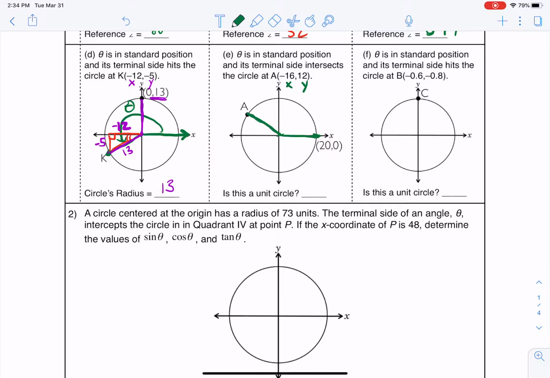That's going to be my theta. Now, where do we see information about the radius? You're right. It's that x value here, because that's the distance from the center of the circle to the edge. So my radius of 20, I can indicate here.